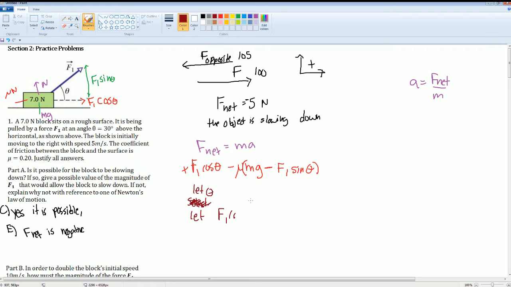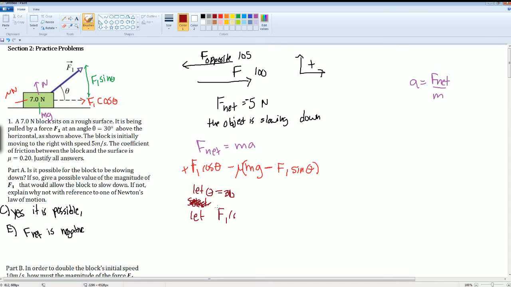No, I don't know. What about cosine of 1? Yeah, let's do that. Let theta be equal to 1. Let's see if there's even a sine part. Oh no, it's 30. We can't change it. Theta equals 30. Bummer. Okay, hold on. What's cosine of 30?